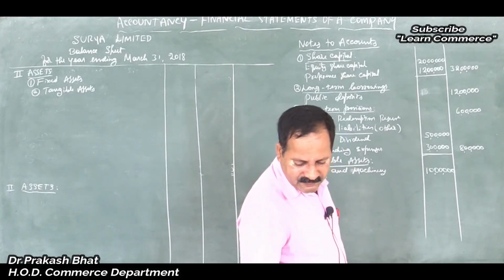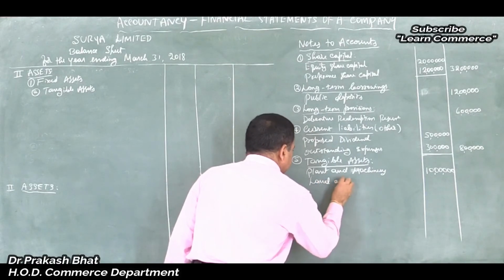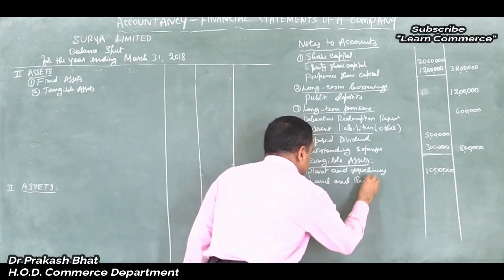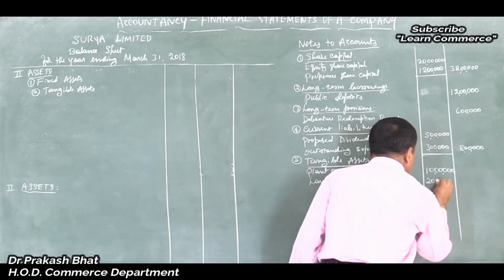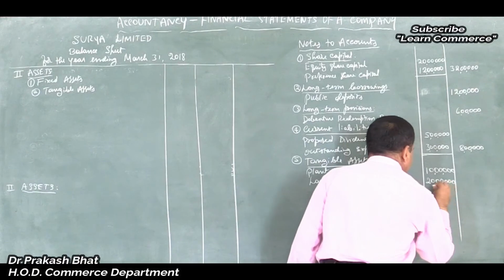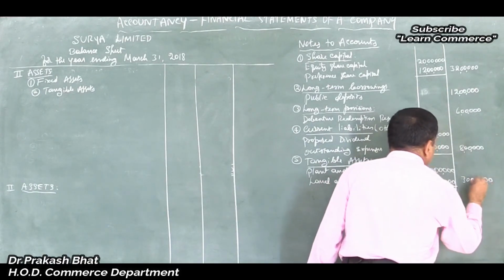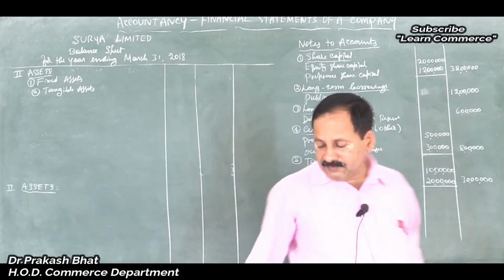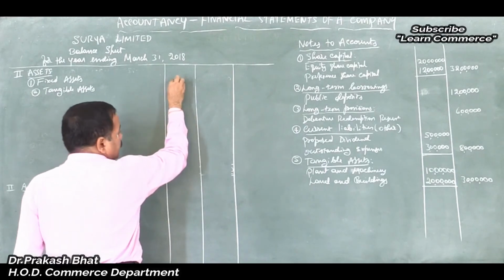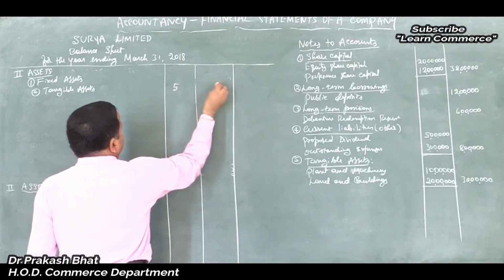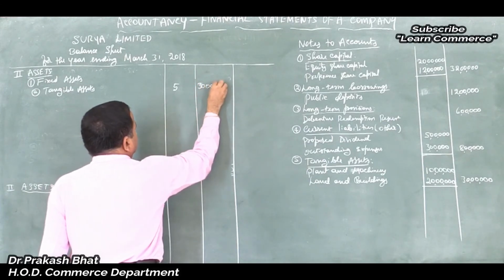Land and buildings 20 lakh. 30 lakh total, isn't it? Right here, note number 5, tangible assets, 30 lakh.